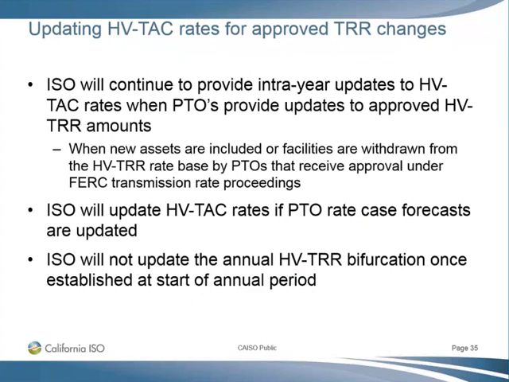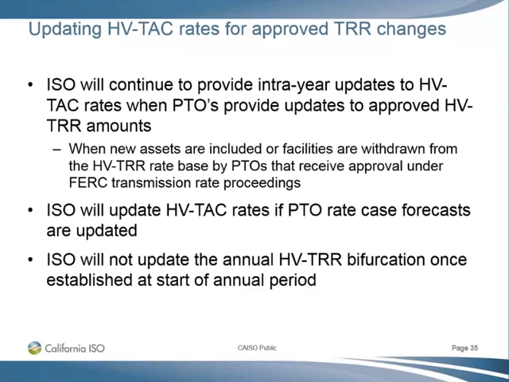So that happens today, as you'll know if you look at our TAC rate worksheets on the settlements page for the high voltage TAC rates. You'll see that there are some updates throughout the year. It doesn't always stay exactly the same, and that's because of this intra-year update: as new facilities are included into certain PTOs' TRRs and the TRR number changes, we update the rates accordingly throughout the year.